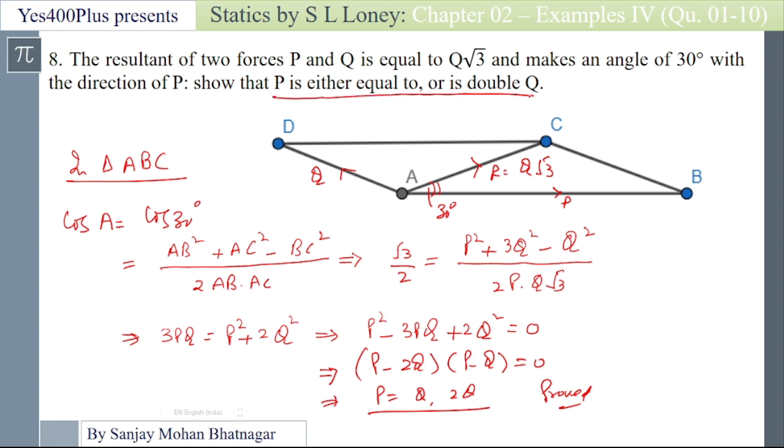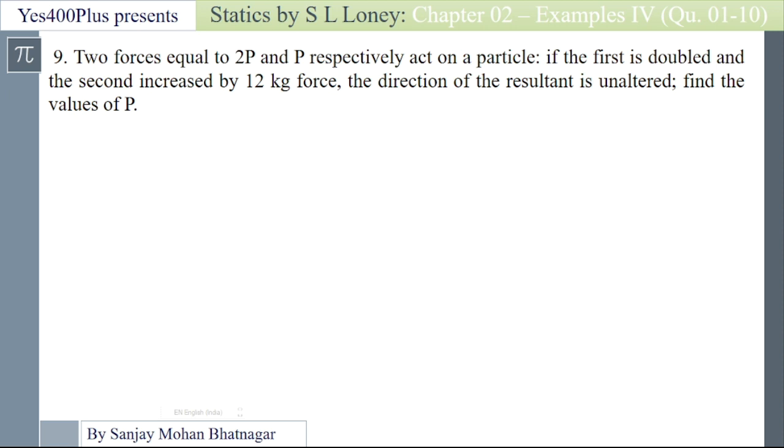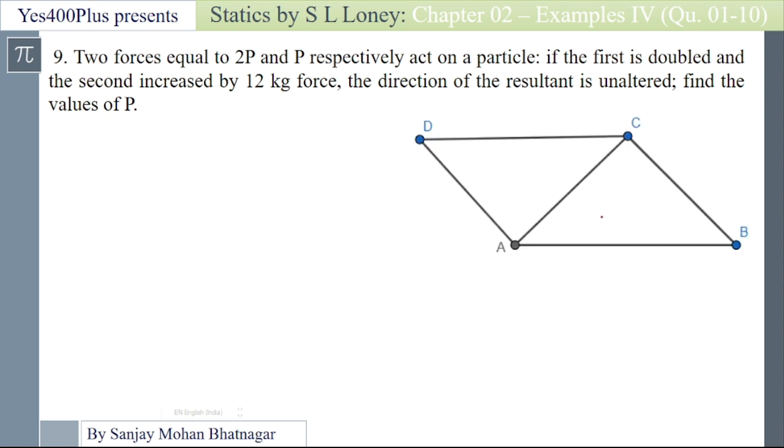Okay, next question. Two forces equal to 2p and p respectively act on a particle. If the first is doubled and the second increased by 12 kg force, the direction of the resultant is unaltered. Find the value of p. So in this question, this is the force 2p and this is force p, and this is angle theta.